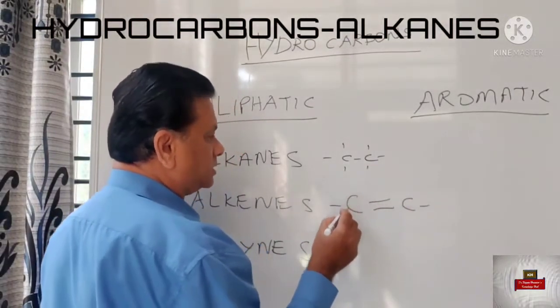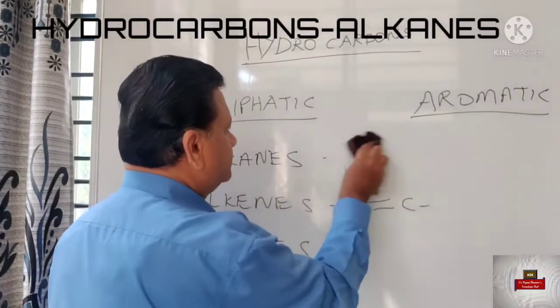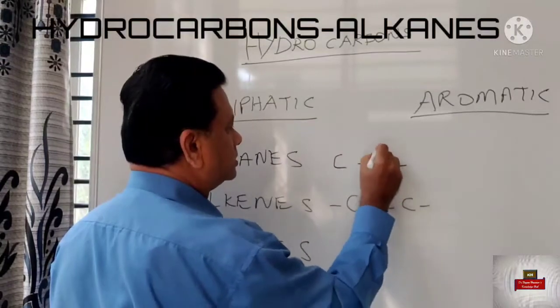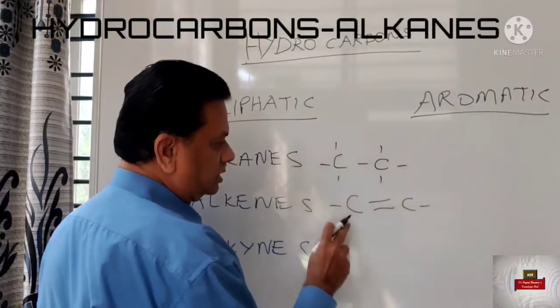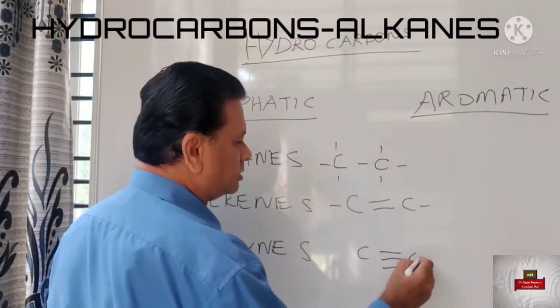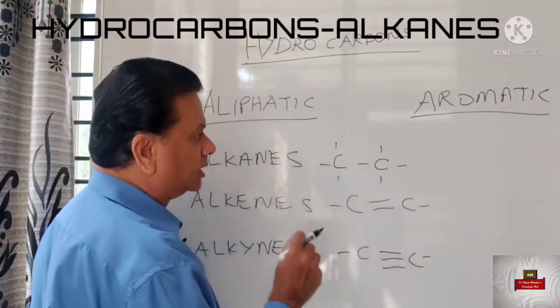Alkynes will have a C≡C triple bond, at least one triple bond.